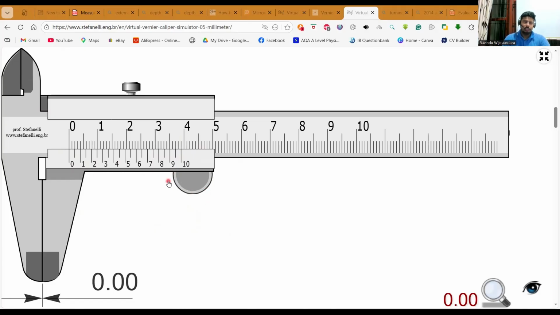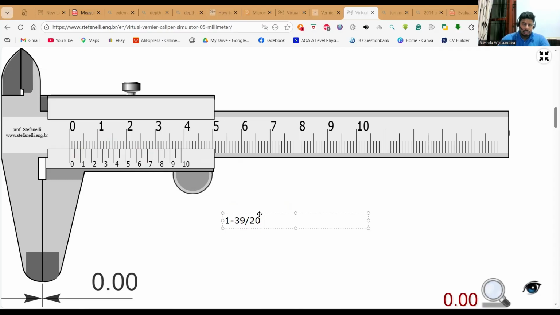Now you have to calculate what the least count will be. Be careful when we are reducing. If you write 1 minus 39 divided by 20, where the main scale divisions are 39 divided by 20, then you are in trouble. This is not correct.